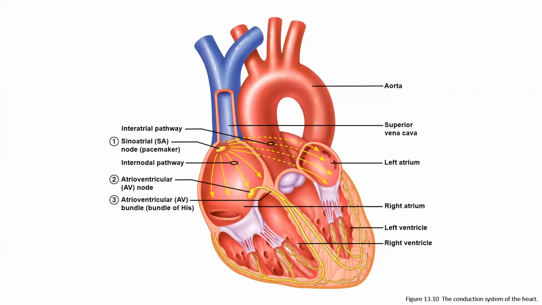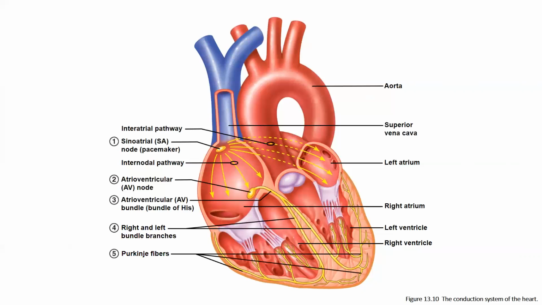We're just trying to get the impulse down to the bottom of the heart. So that impulse goes from the AV node through the bundle of His, and then it's going to split off into your left and right bundle branches, going up to the right and going up to the left. Then it's going to relay the signal to your Purkinje fibers.